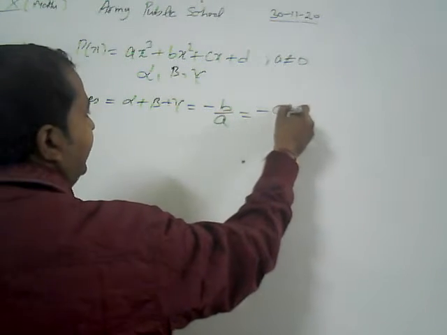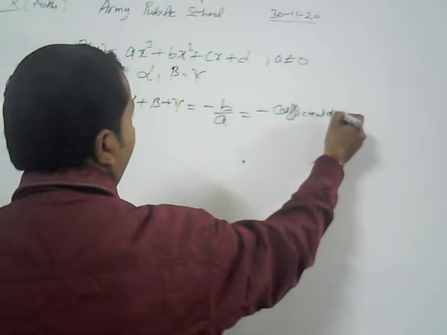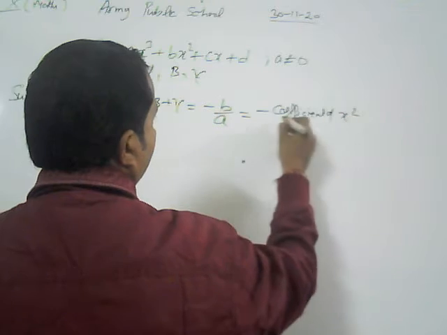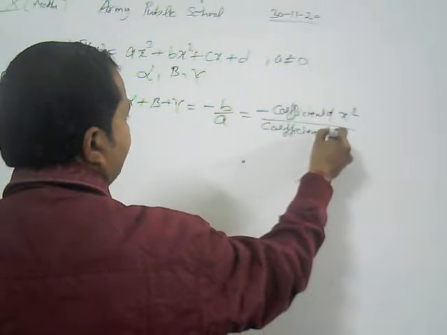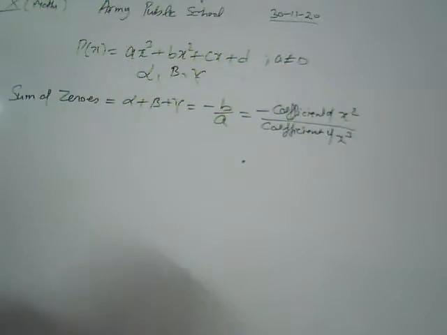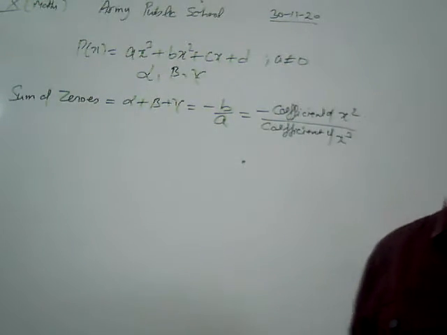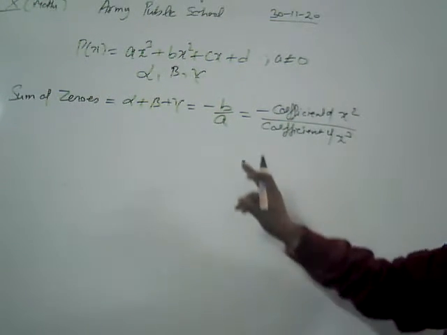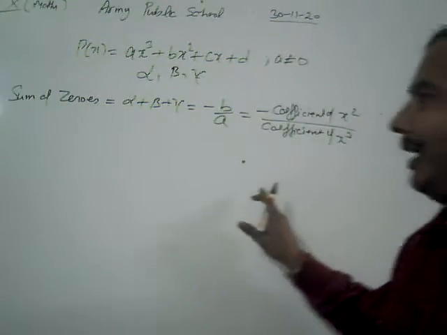Minus the coefficient of x square upon the coefficient of x cube. So the first relationship is the sum of zeros, alpha plus beta plus gamma, equal to minus b by a, that is, coefficient of x squared to the coefficient of x cube.